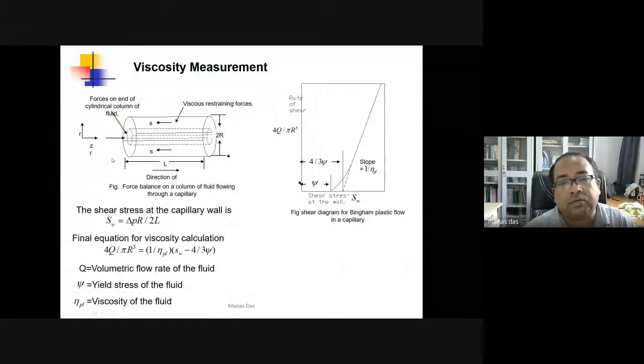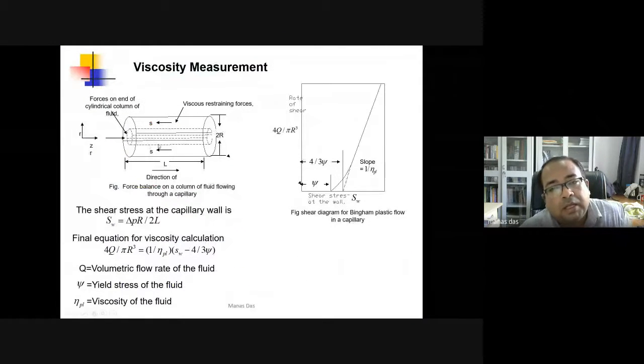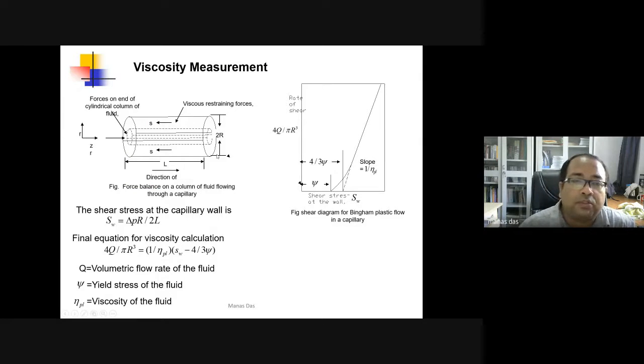This is the equation. The fluid is flowing through a capillary with a diameter of 2R and length of L, and the shear stress at the wall is delta P R by 2L. For a Bingham plastic fluid, this is the equation. If we know the volumetric flow rate, all these things are known, so the wall shear stress can be calculated from here. This is the plot of 4Q by pi R cube against shear stress.